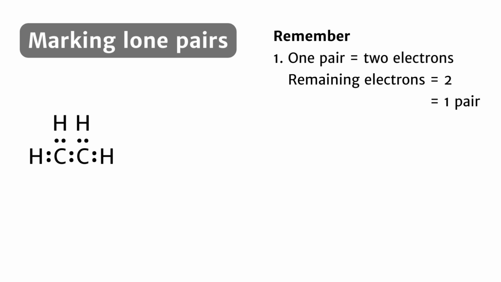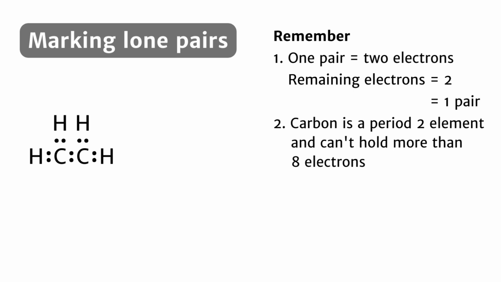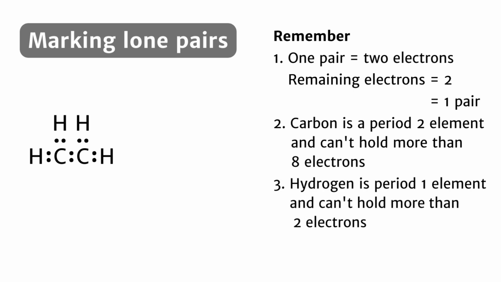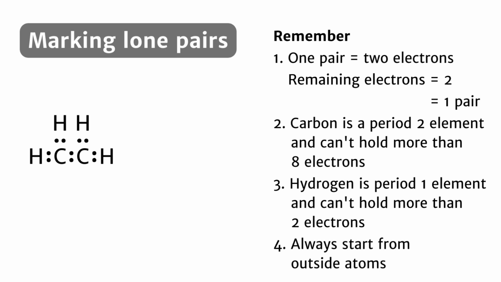It's also important to note that carbon is a period 2 element and cannot keep more than 8 electrons in its valence shell, while hydrogen, a period 1 element, cannot hold more than 2 electrons in its last shell. Another crucial consideration is to initiate the marking of lone pairs by starting with the outside atoms before moving on to the central atom.